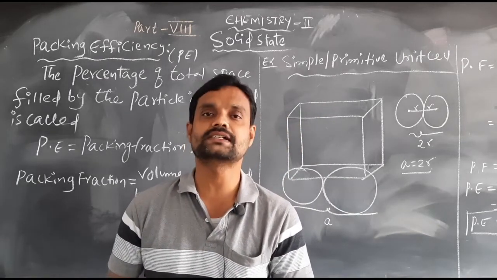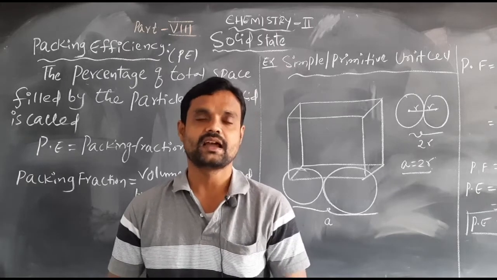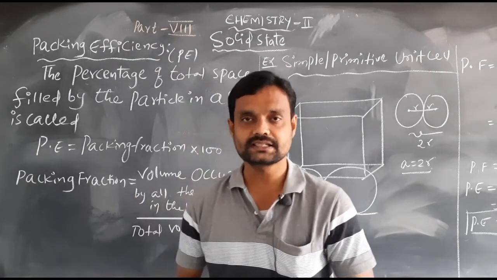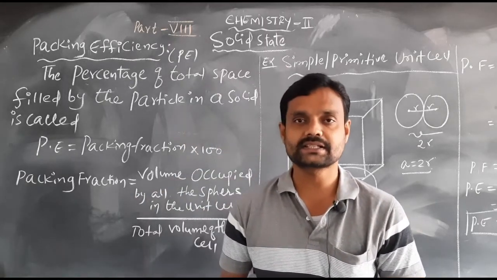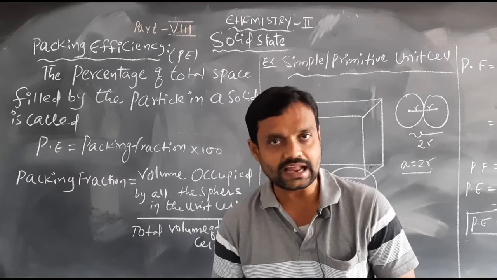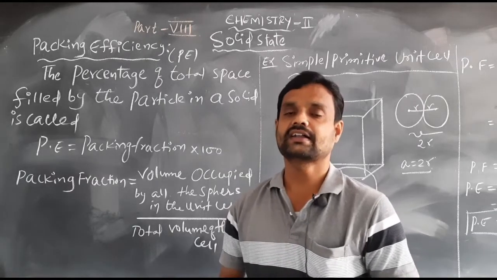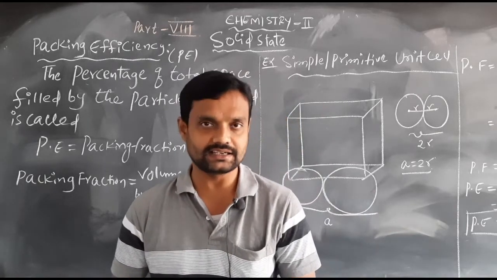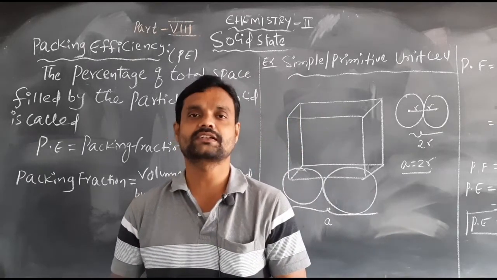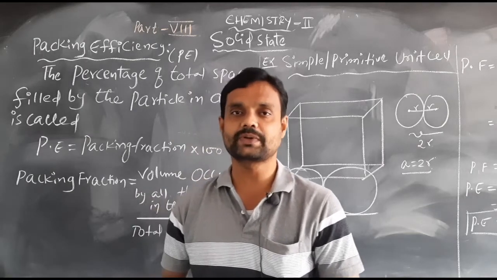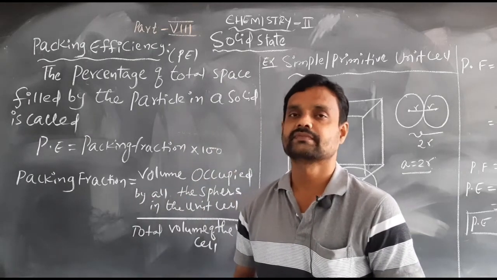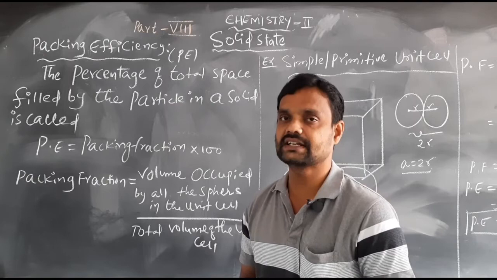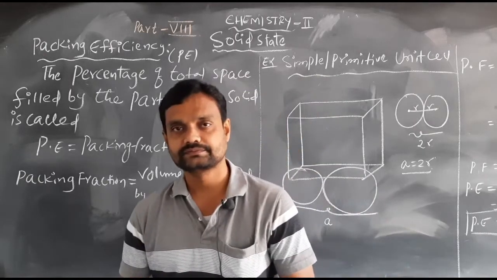And a face centered unit cell means the atoms or ions are present at the corners of the unit cell, in addition to that, also at the faces of the unit cell. So, this is the meaning of the simple or primitive, body centered, and face centered unit cells.